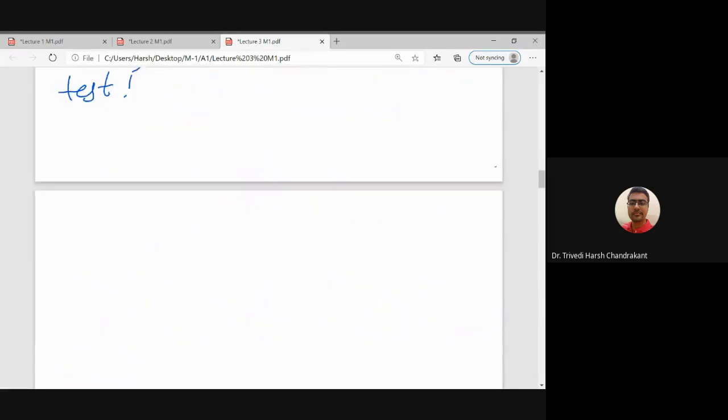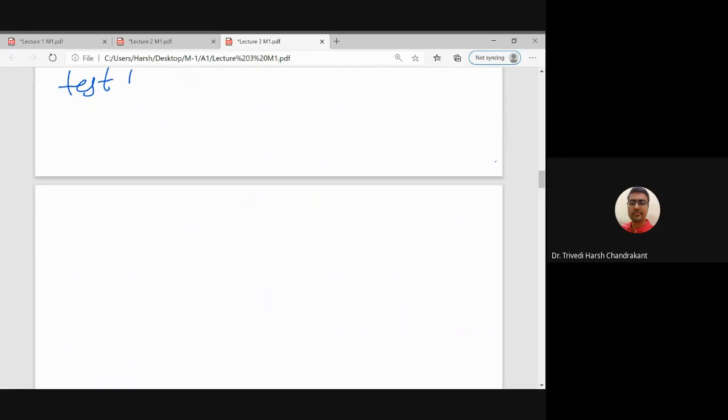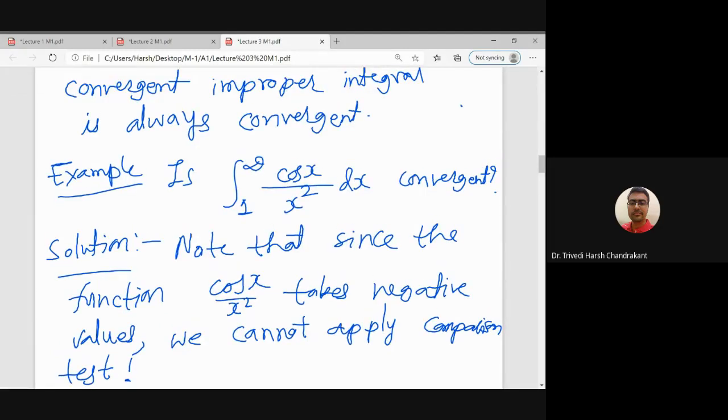So this is one thing we can note. Now the question is how to check whether this integral is convergent or not.